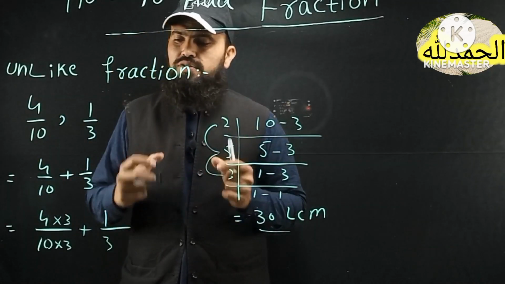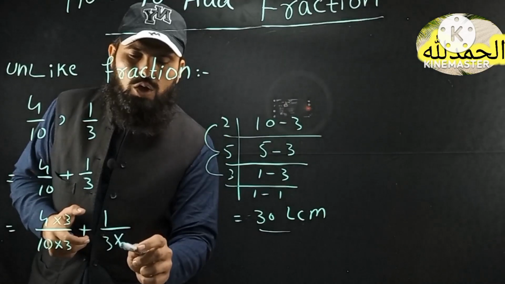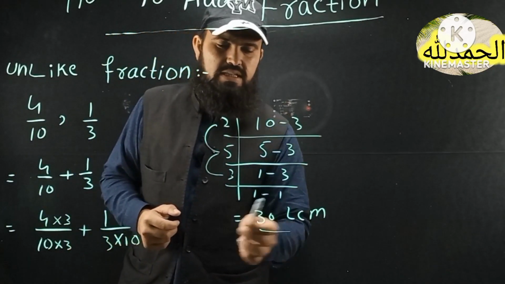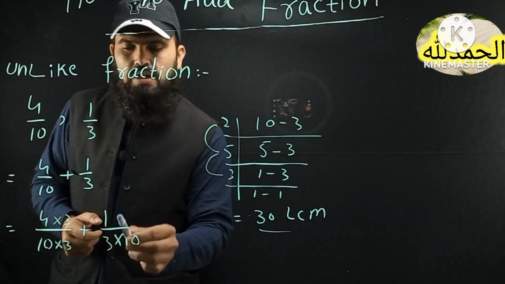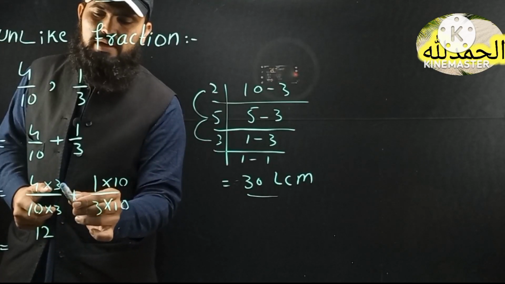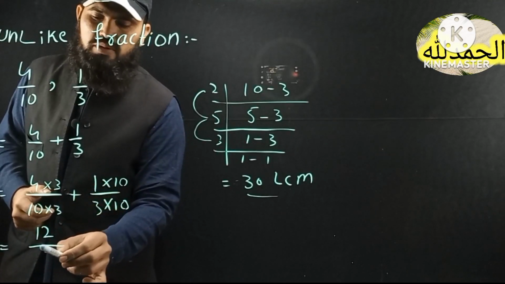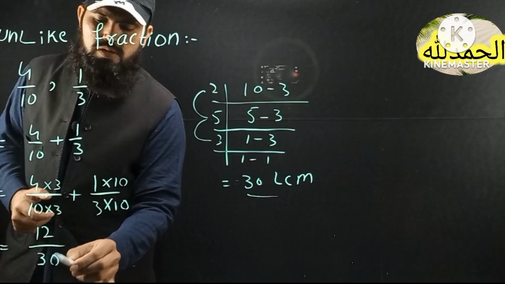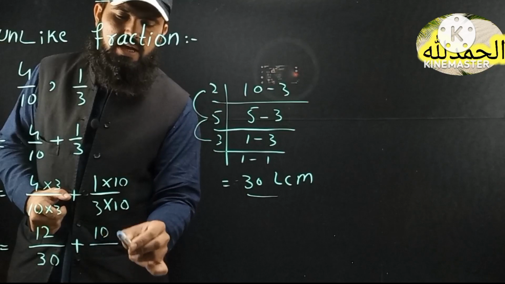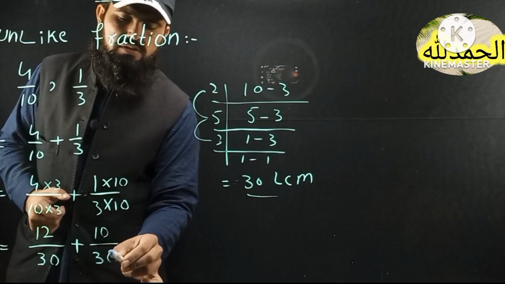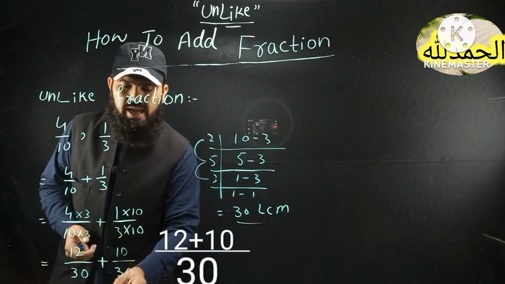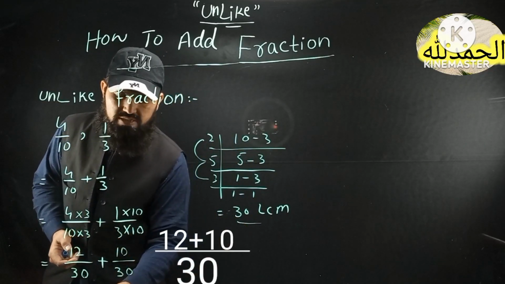And 3 multiplied by 10 is 30, which is the same as the LCM. So 4 multiplied by 3 is 12, and 10 multiplied by 3 is 30. Plus 1 multiplied by 10 is 10, and 3 multiplied by 10 is 30. So add the numerators with each other and write the LCM here, which is 30.